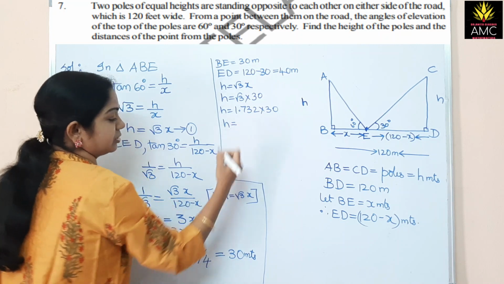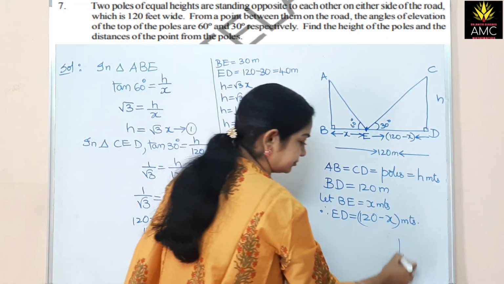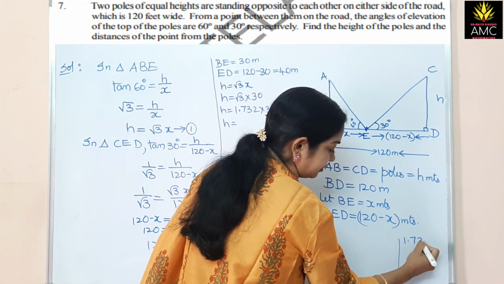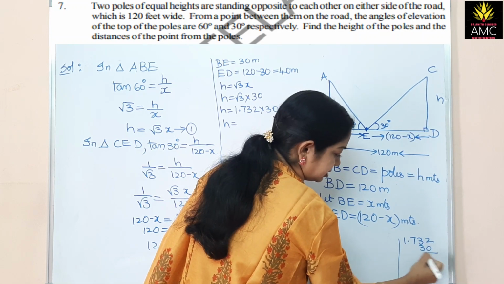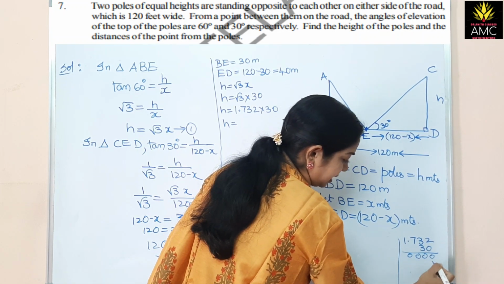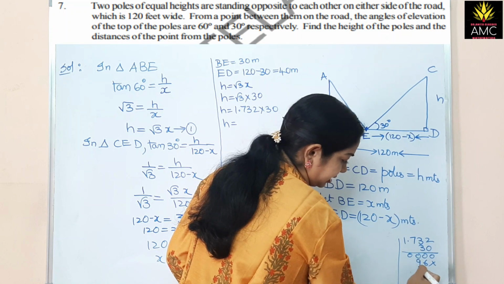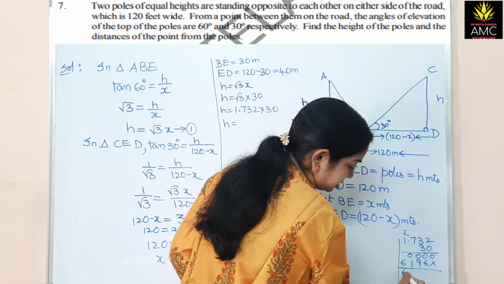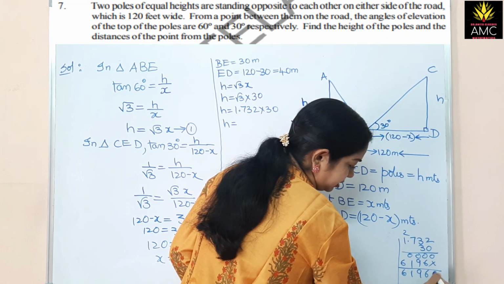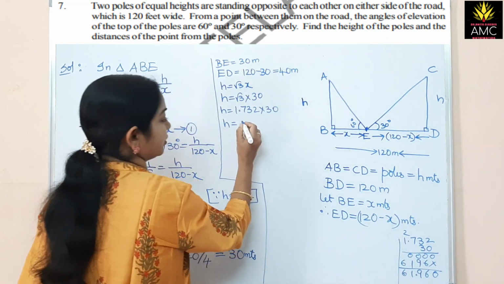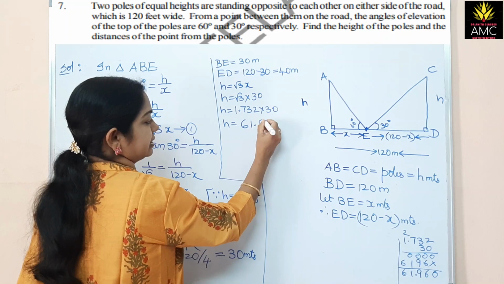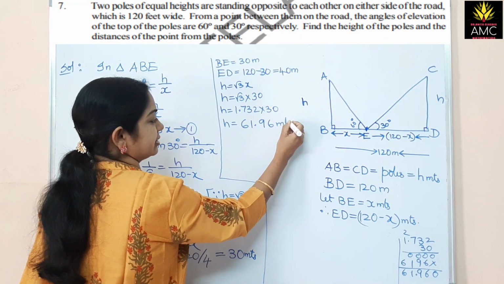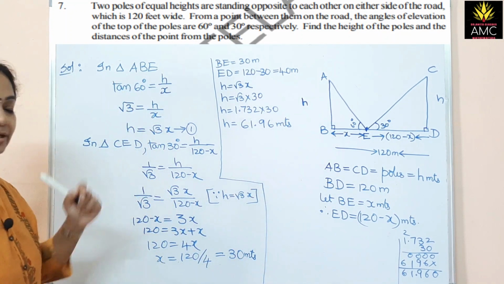We will simplify it here. 1.732 into 30 comes to 51.96. So, 51.96 meters. These are the poles which are equal, the height of the poles.